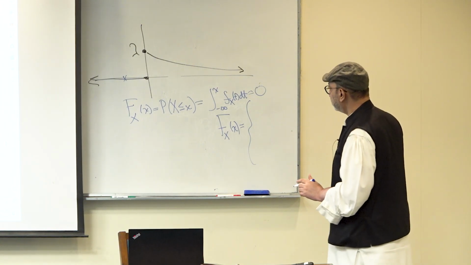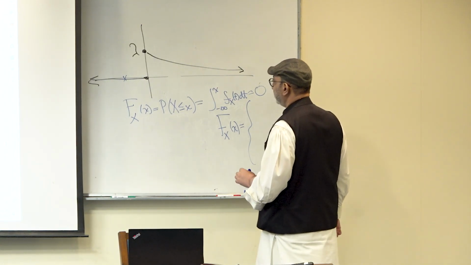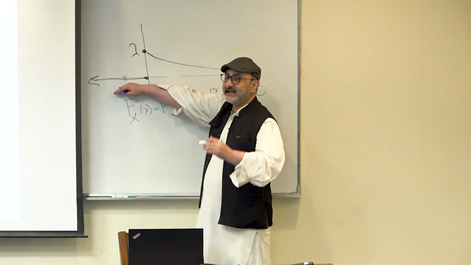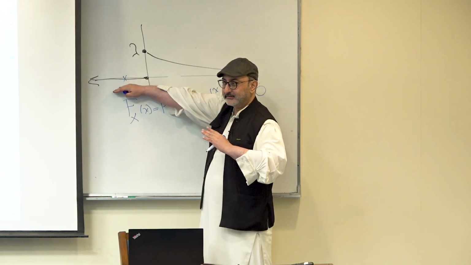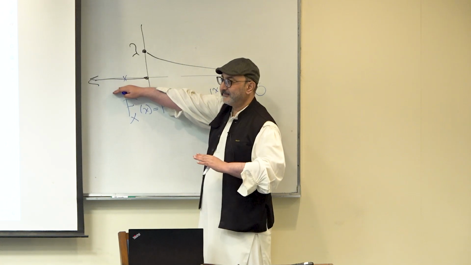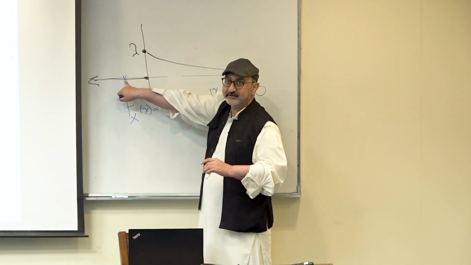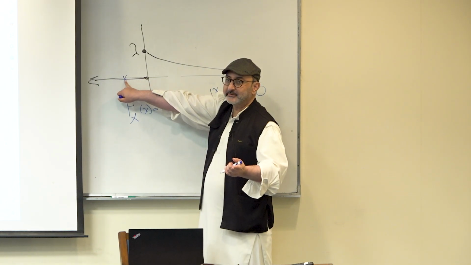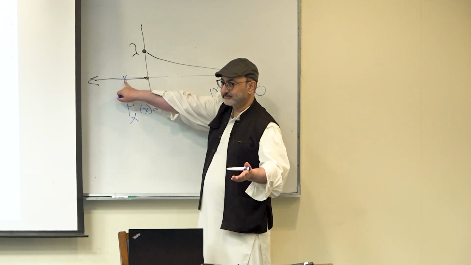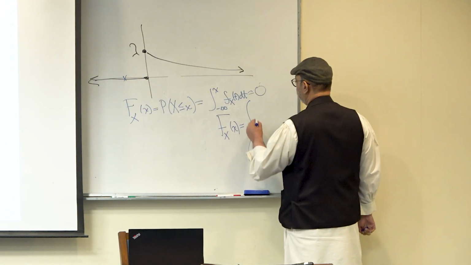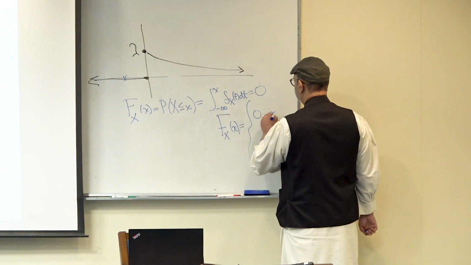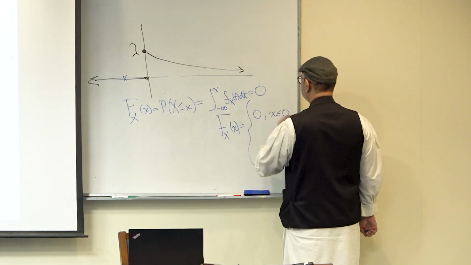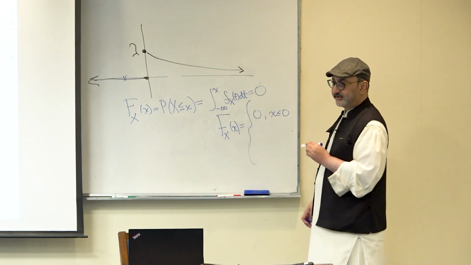Right? So we're saying, what's the area under the curve of the PDF from minus infinity to this x, which is negative? Well, the area under the curve is 0. Okay, so that's 0 for x less than or equal to 0.